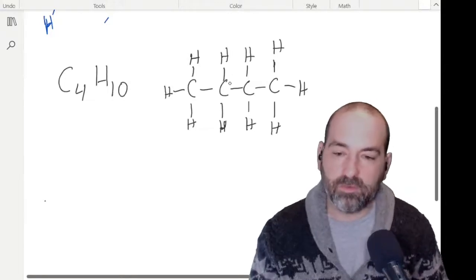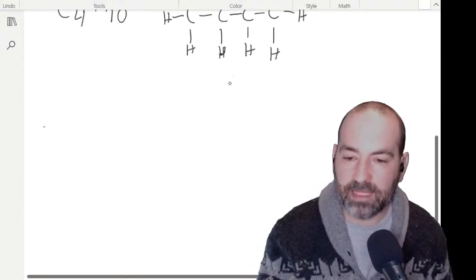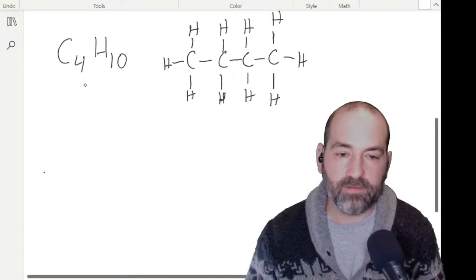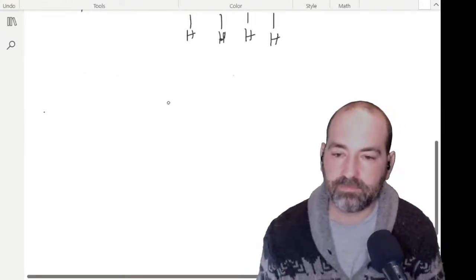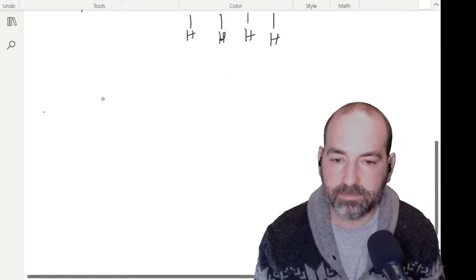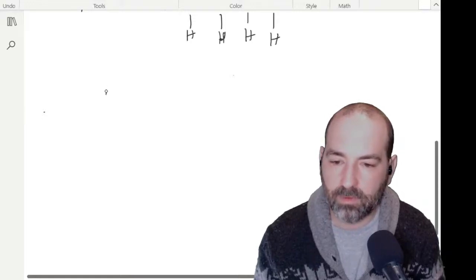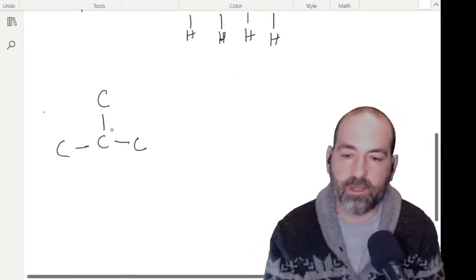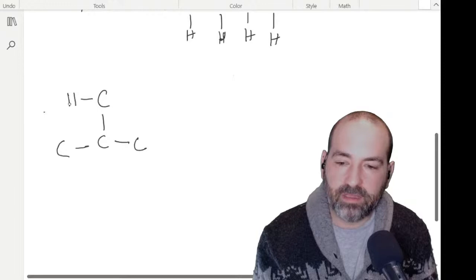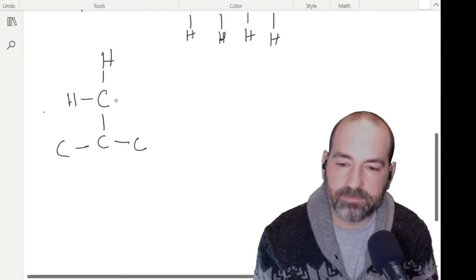But also, we should note that that is not the only possible structure with a formula C4H10. There is another one that looks like this. We still have to have those carbons in the middle, so we put those first. But we can connect them in a slightly different way and make a different structure.